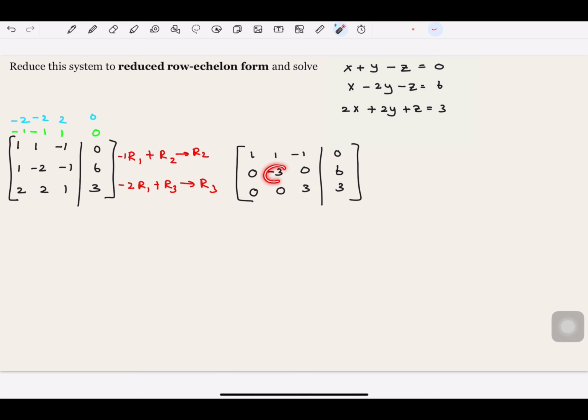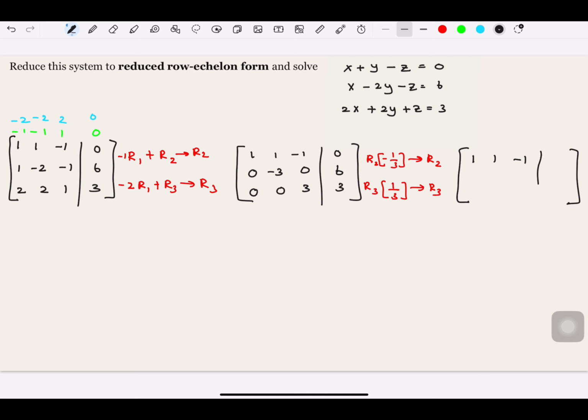To make this -3 a 1, you have to multiply the second row by -1/3. Here you multiply R2 by -1/3, and R2 will be replaced. Then in R3, you multiply by 1/3. Okay, so let's get our updated matrix. You have 1, 1, -1, 0 in the first row.